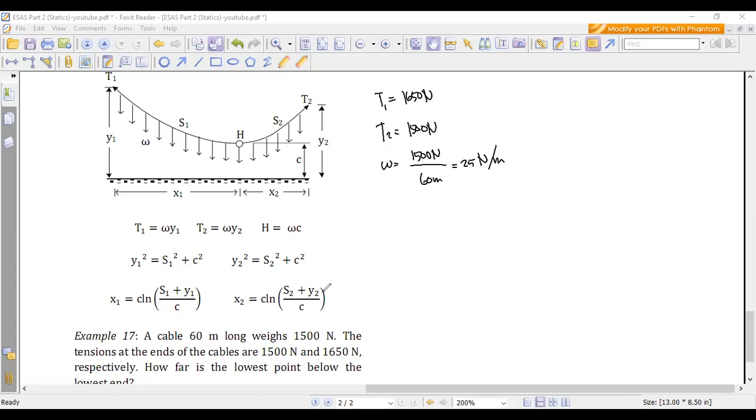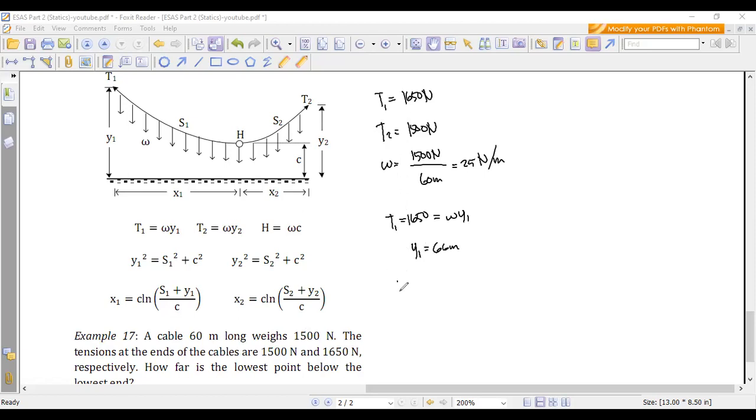We then calculate T1, that's equal to 1,650. That's omega Y1. So Y1 can be calculated as 1,650 divided by omega, that's 25, so that's 66 meters.